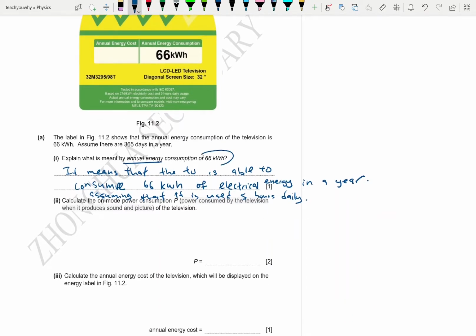Okay, so we will have to use this to work backwards. 66 kilowatt hours to be used for 365 days, and each day only using 5 hours. Therefore, we have 365 times 5, 1825 hours.